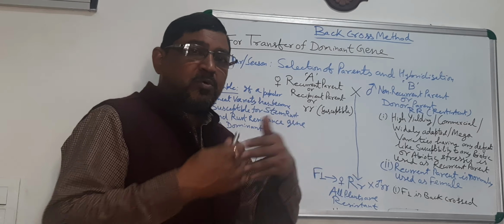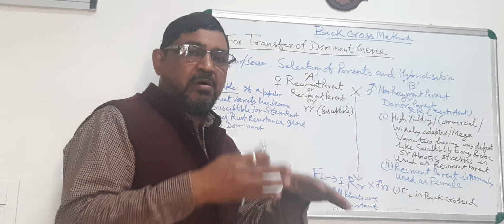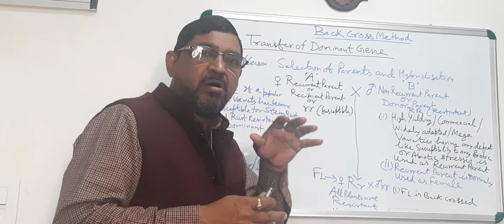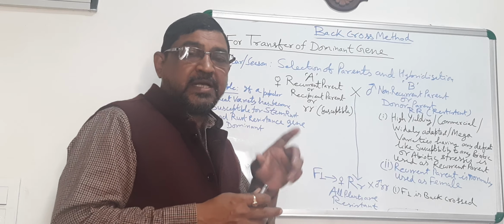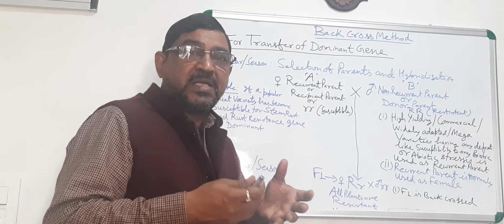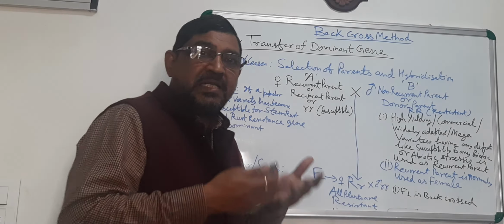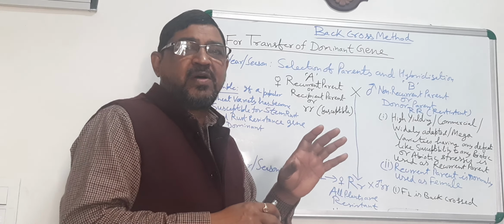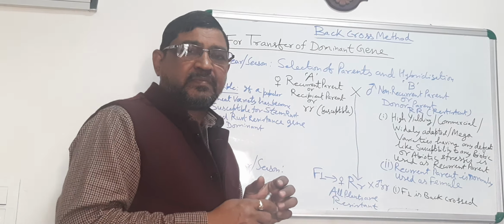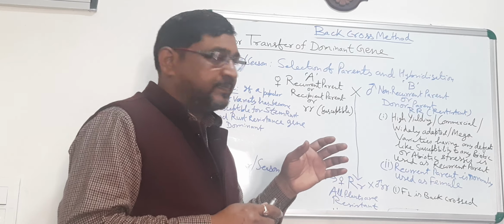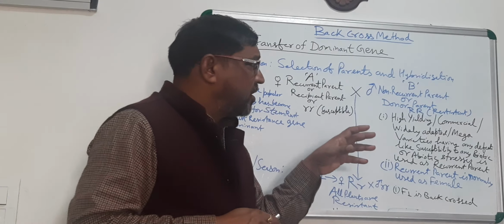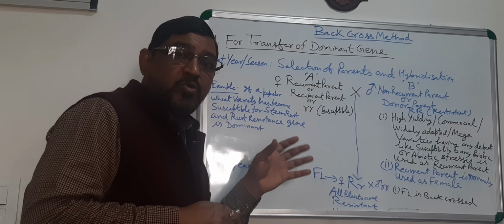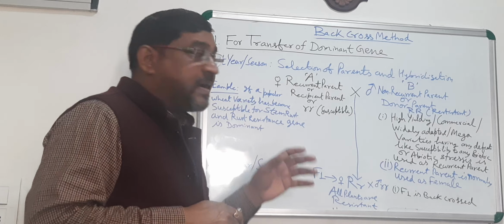That you remove almost all the genes of the donor parent and recover all the genes of the recurrent parent, because farmers are asking for only that variety with the added advantage which they want, one or two genes. So in this case you have to use your recurrent parent as a female.